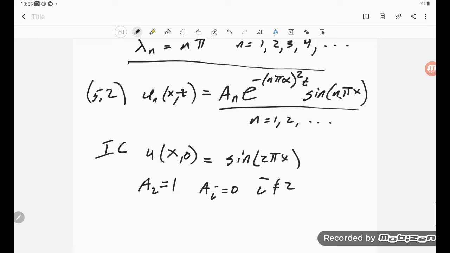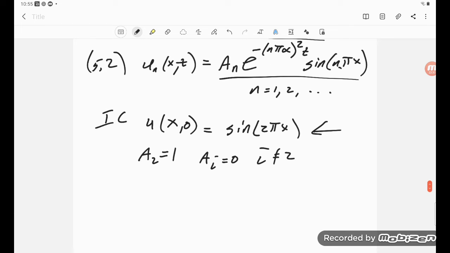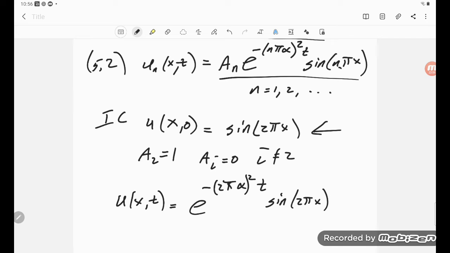And that would fit that. So depending on your initial condition, this could actually be quite easy to solve, and so we would have u of x and t being, again, a2 is 1, everything else is 0, so we would just get e to the minus 2 pi alpha squared t, n is 2, times sine of 2 pi x. So again, with the right initial condition, these might be really easy.